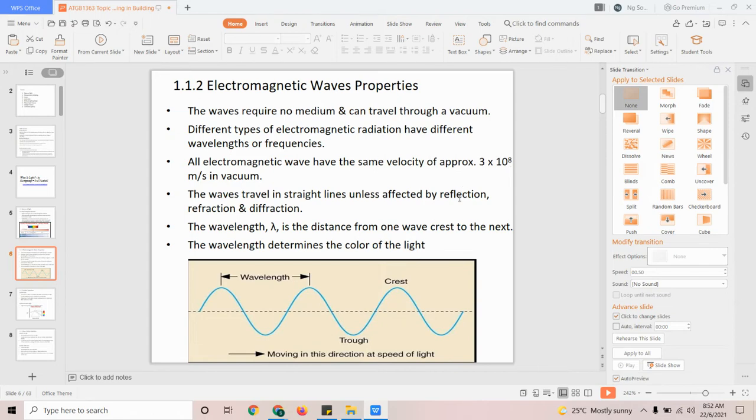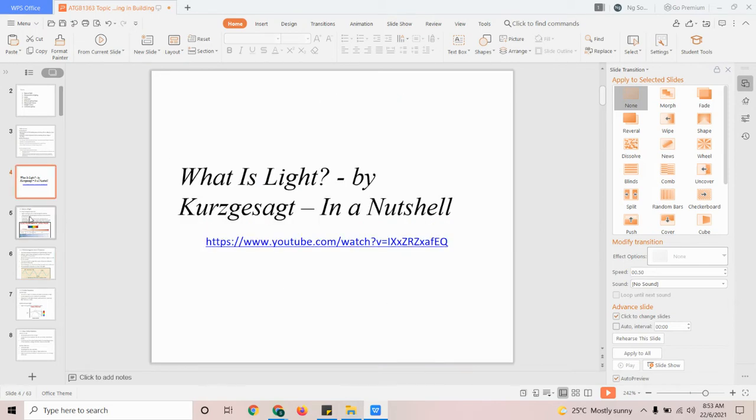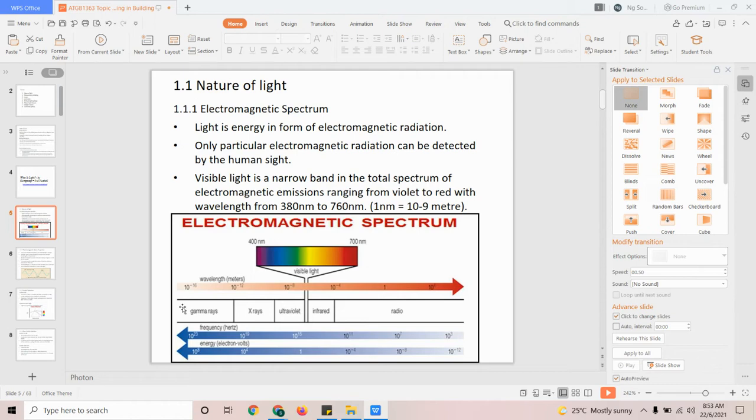What is different between each of them is that they have a different frequency, so they will have a different wavelength, as you have seen through the video here. That's why, although they travel at the same speed, based on their wavelength they have different characteristics.